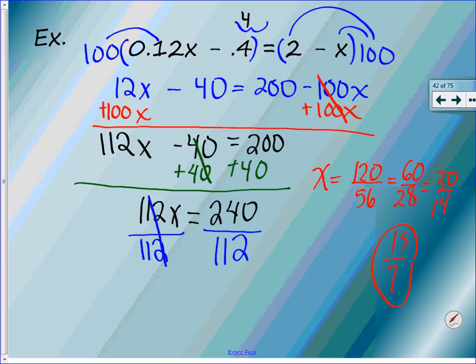If we put the decimal form and the fraction form, does it really matter, or do you want just fraction form? Yeah, just fraction. You're not going to have points off for it.